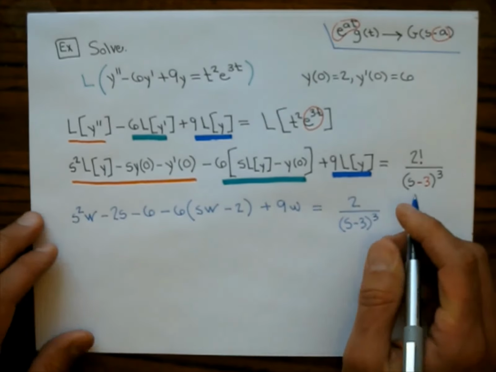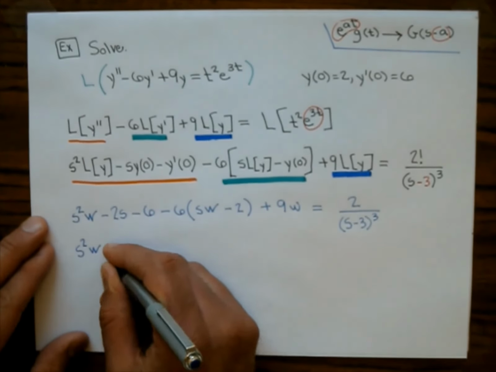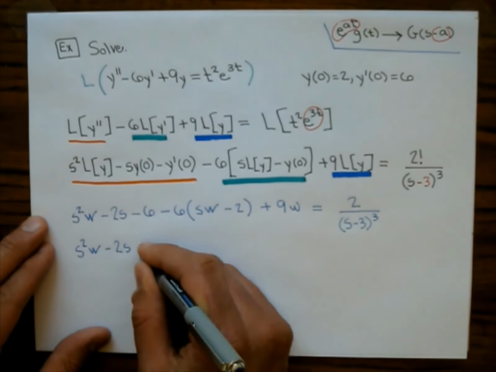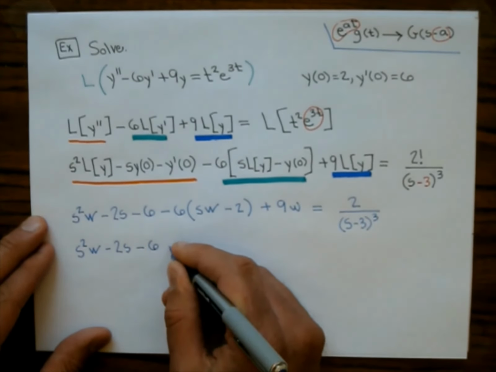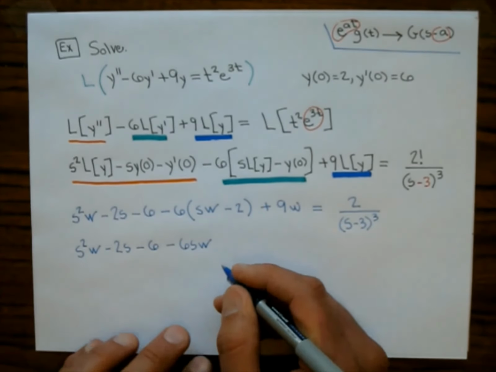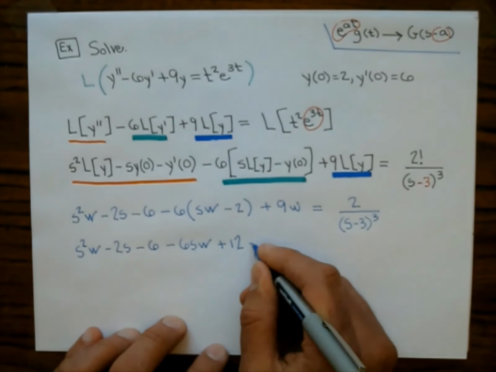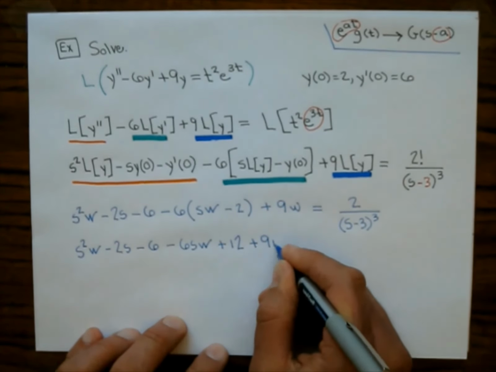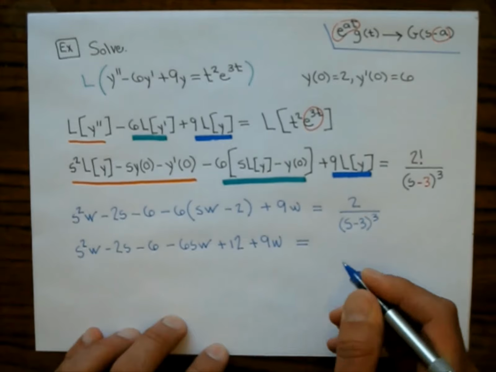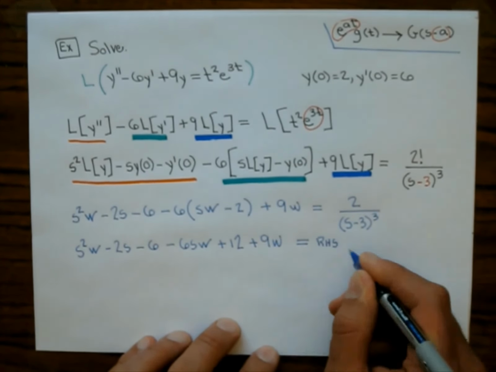squared. Okay, so I'm going to do a little algebra on the left-hand side. Don't want to skip too many steps, I suppose. So this is minus 6SW when I distribute the negative 6 plus 12 plus 9W equals the right-hand side. That's me being lazy.